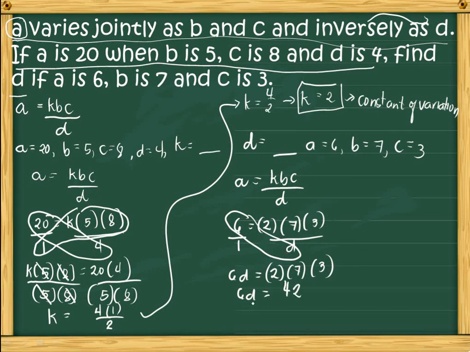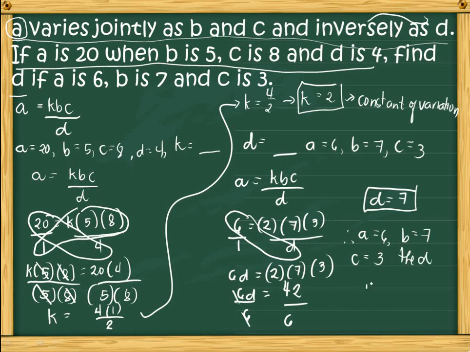We need to eliminate 6, divide both sides by 6. So D is equal to 7. So when A is equal to 6, B equals 7, and C equals 3, the value of D is 7.